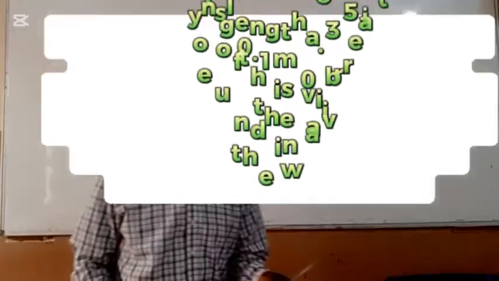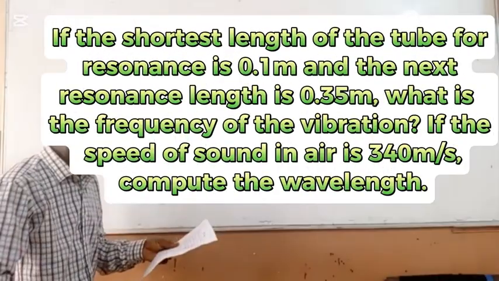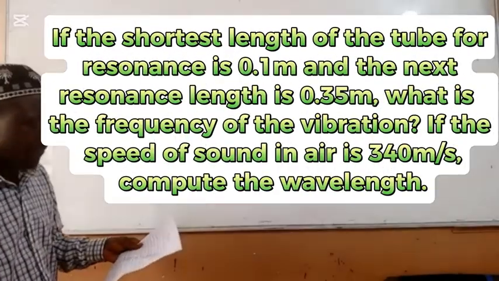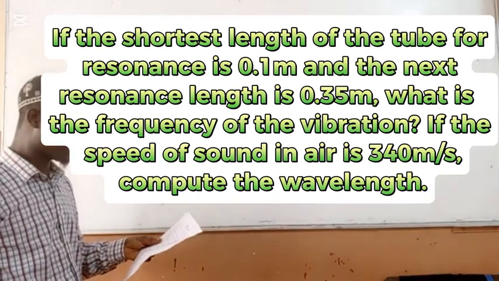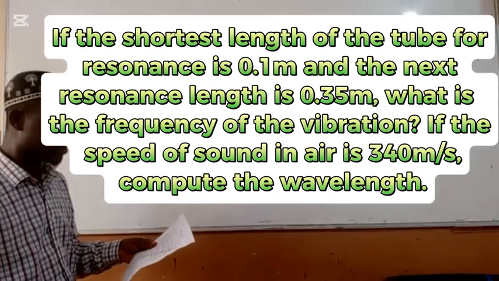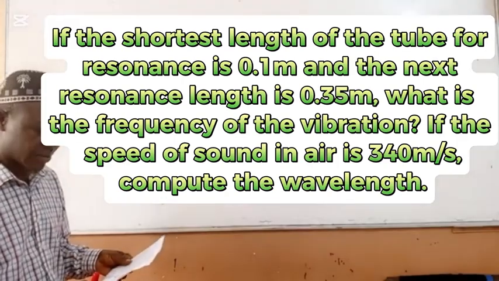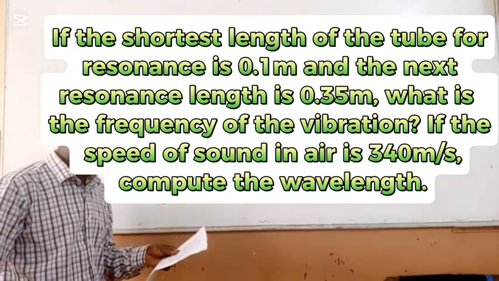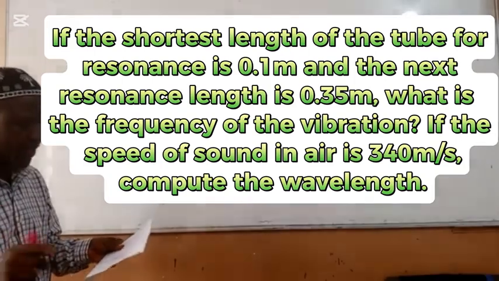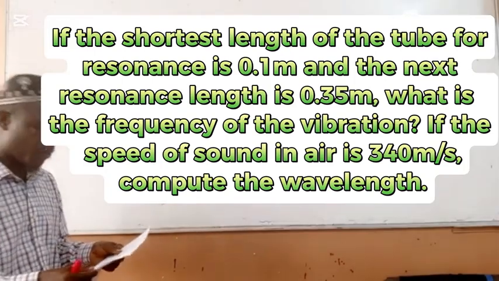So another question says, if the shortest length of the tube for resonance is 0.1 meter and the next resonance length is 0.35 meter, what is the frequency of the vibration if the speed of sound in air is 340 meter per second? Then compute the wavelength.